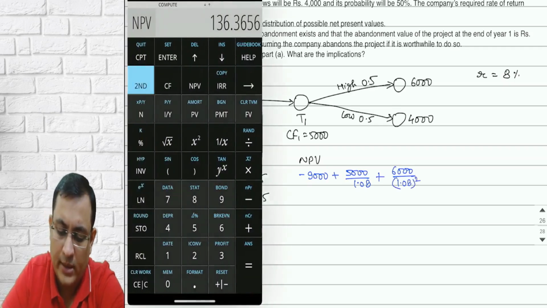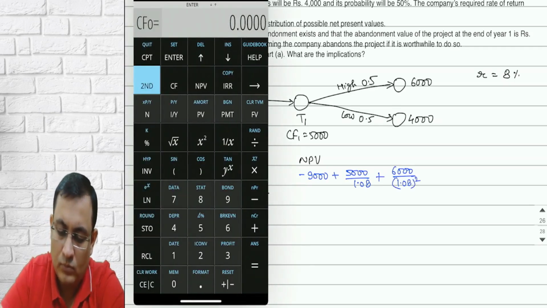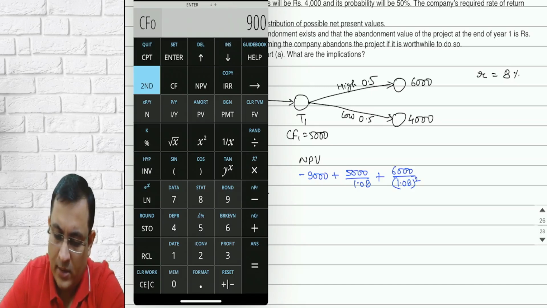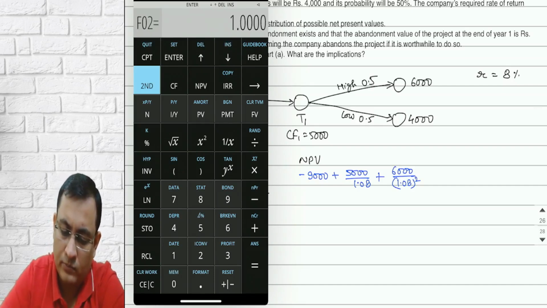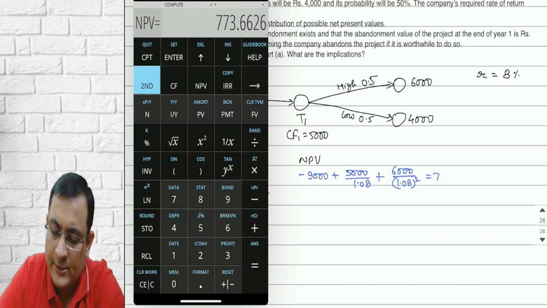So let's calculate the NPV. Negative 9,000, 5,000, 6,000, 8%. The NPV is 773.66.